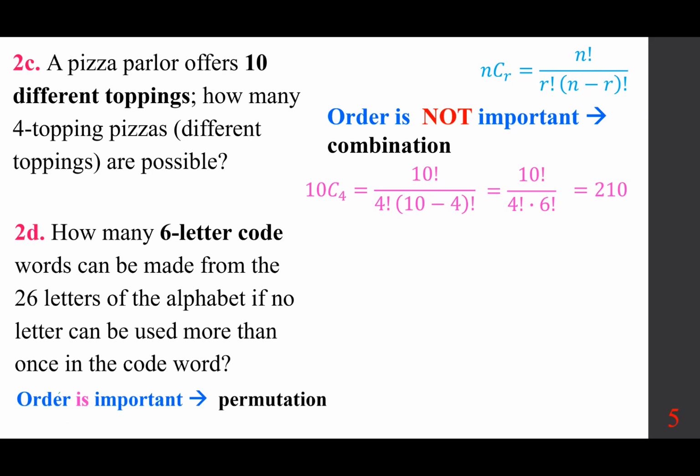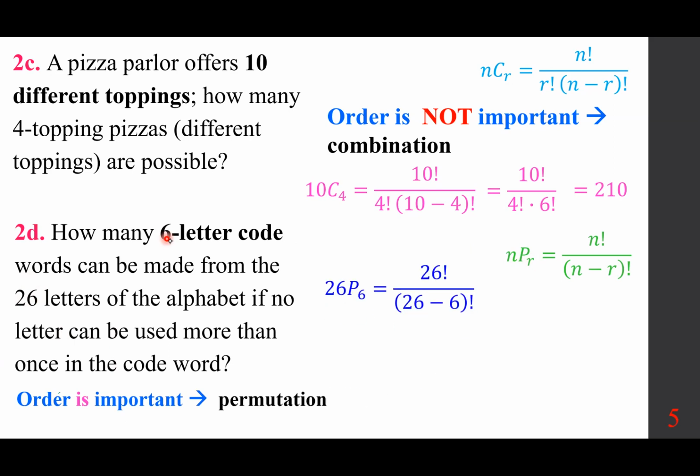So we are going to use the permutation formula, in which case n is 26 and r is how many letters we need.